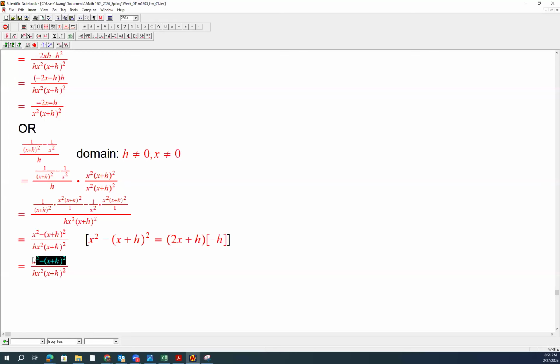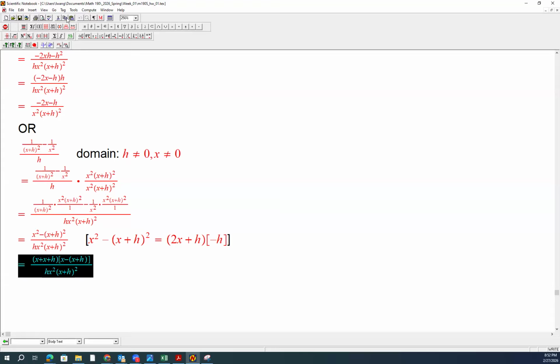Okay, so let's do this again. Bracket. A is x, so x plus h, and x minus x plus h. So we basically did that over again.